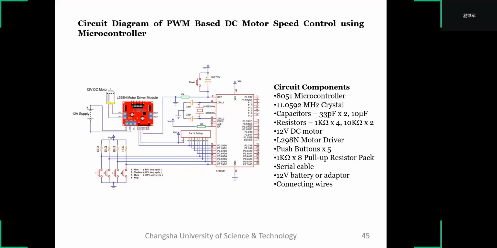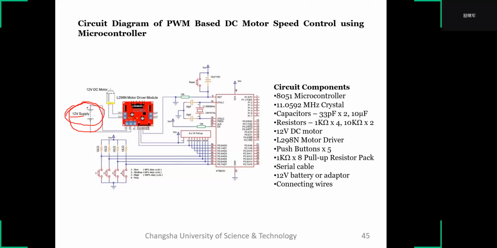This diagram you need to change. Here you need to change. If you want to change here, you can use the battery in the tools, or you can just use the 12V.